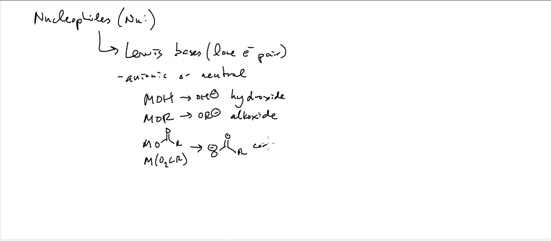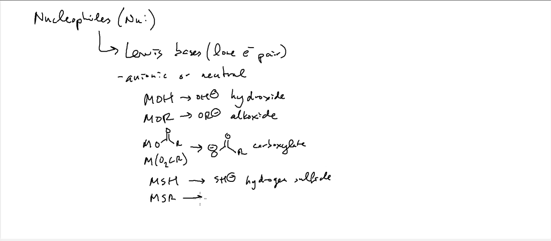This is called a carboxylate. We can also have MSH, which gives us the SH anion, which would be a hydrogen sulfide. Or if we have MSR, giving us the SR group, this would just be called a sulfide.